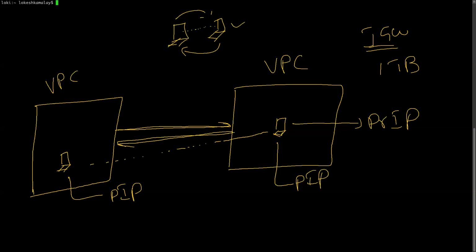If you transfer 1 TB of data using the internet gateway, that will give you less speed and also incur a lot of costs. To avoid that, we use peering, which can create a private link between two VPCs, and then we transfer the data with no cost. That is what VPC peering is.